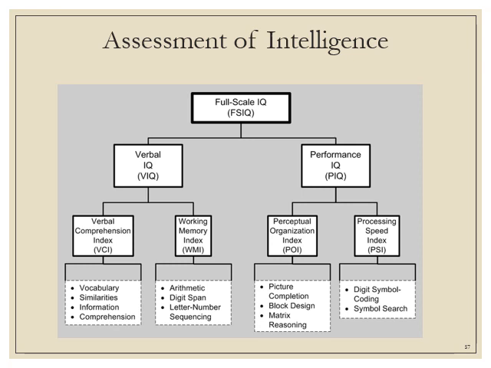The verbal comprehension index and the working memory index both load on the verbal IQ. And then on the right, you have the subtests that load on the perceptual organization index and the processing speed index, and those both comprise the performance IQ. And then verbal IQ and performance IQ comprise your full scale IQ.